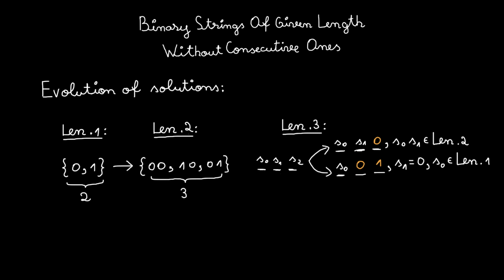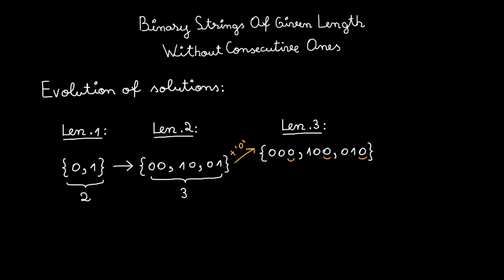So they are formed by picking each string from the second set and push the character 0 to its end, then pick each string from the first set and push the characters 0, 1 to its end. And here are the 5 valid strings of length 3.